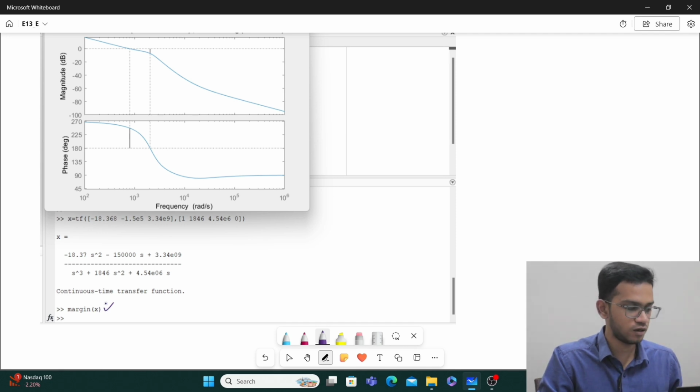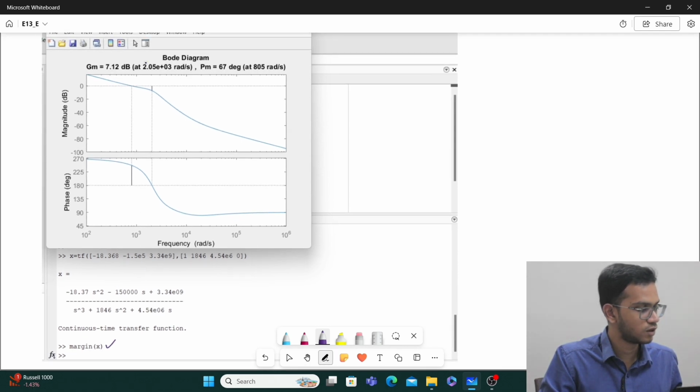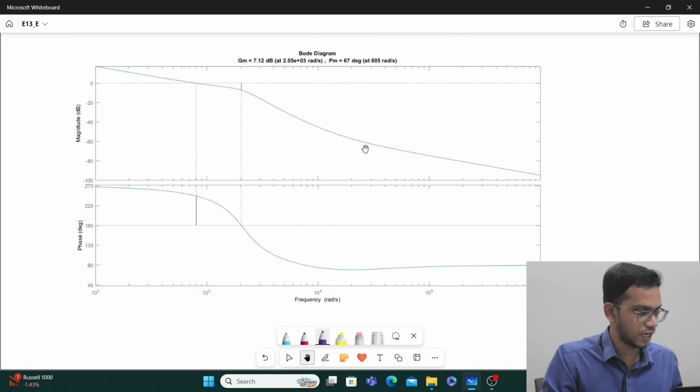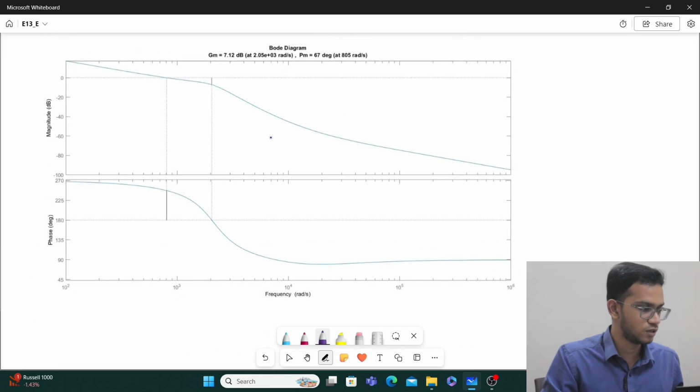The moment you press enter, your Bode diagram will come, which has details of gain margin and phase margin as this. This is the image you will get. Here you could see that gain margin is positive and phase margin is also positive.